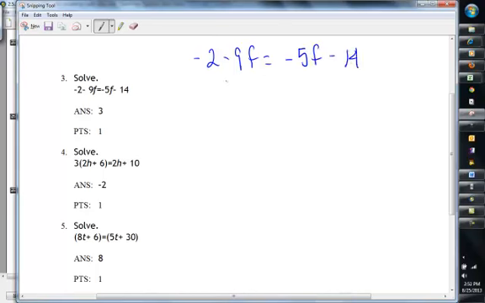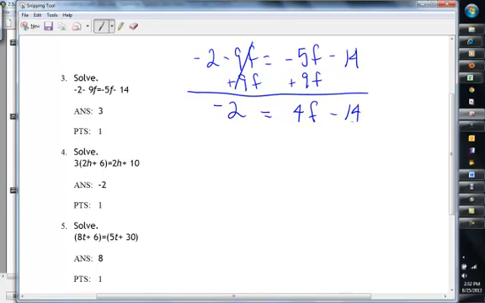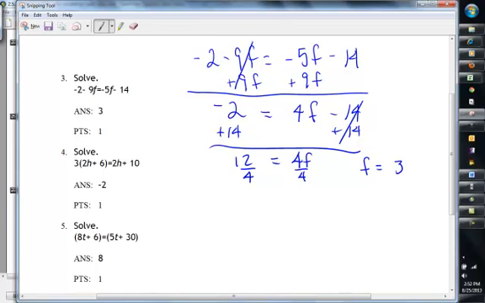If you notice, negative 9 is smaller than negative 5, and so we're going to add 9f to both sides, and they cancel over here, and we get negative 2 equals 4f minus 14. Add 14 to both sides, and we get 4f is 12. Divide both sides by 4, and we get f is 3.